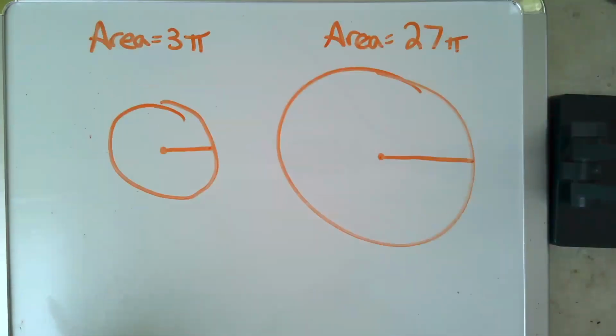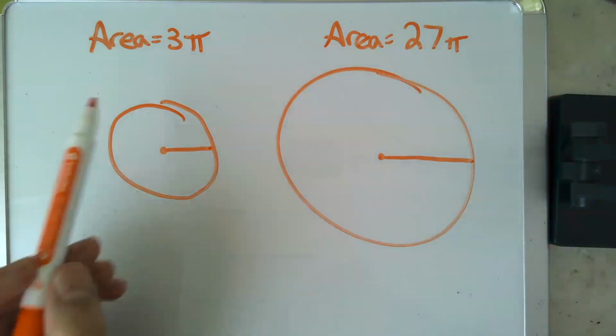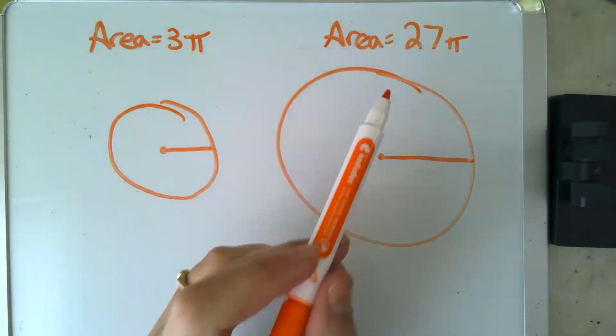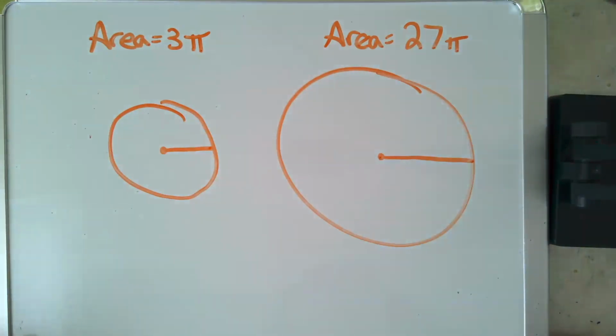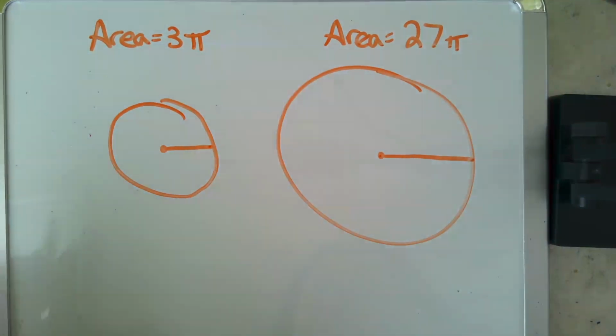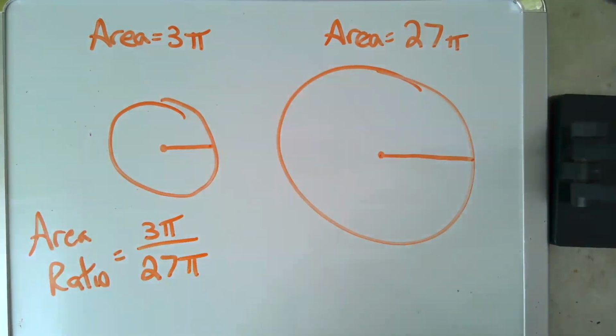All right, here I've given you two circles, and this time I've told you that the area of one circle is 3 pi and the area of the other circle is 27 pi. Now I want to know the radius ratio. All right, so my area ratio is 3 pi over 27 pi. Cancel those pi's, simplify 3 and 27.